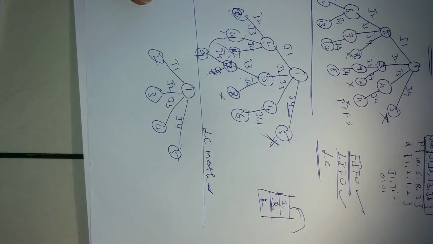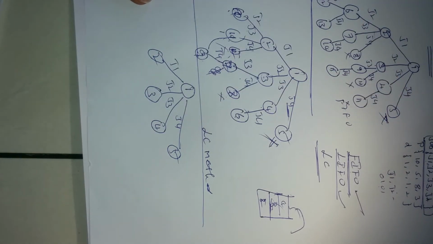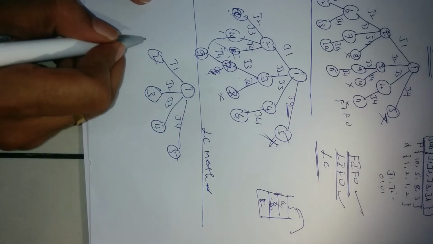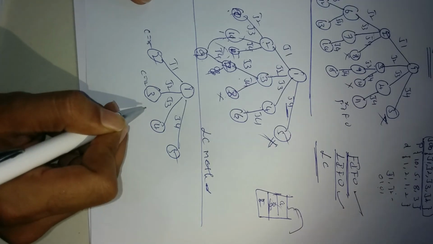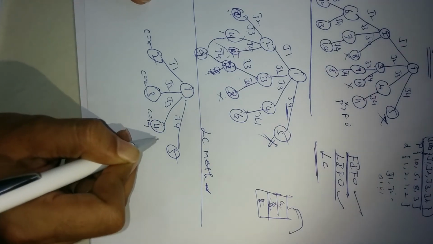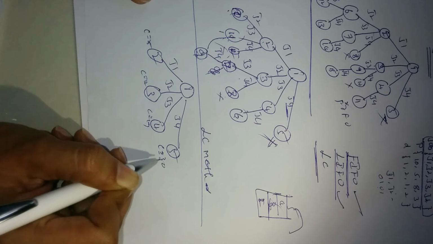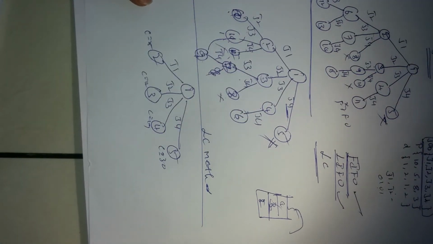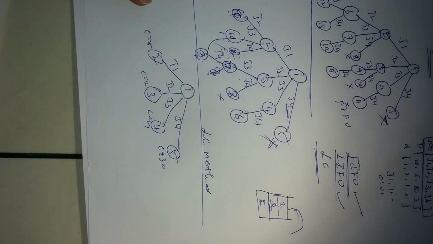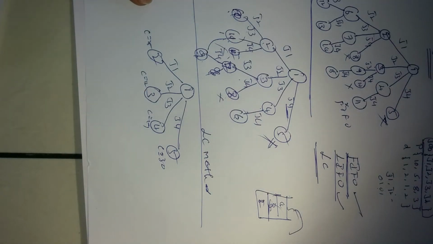Now, assume I will take some values randomly. This is cost 25. This is cost 12. This is cost 19. This is cost 30. How to find? This is the least cost method. This is the FIFO method we followed, this is the LIFO method to construct the state space tree. We are using the least cost method to follow the state space tree.